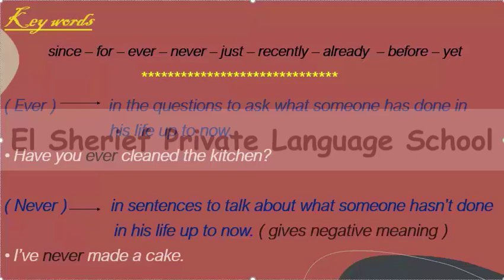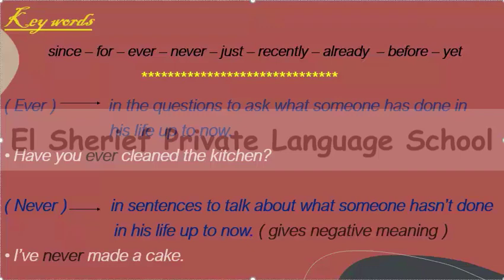So I didn't make a cake before, and till now I haven't done it. So I have never made a cake. So ever comes in the question and never comes in the normal sentence to give the negative meaning.